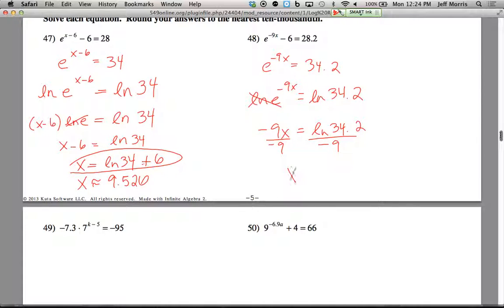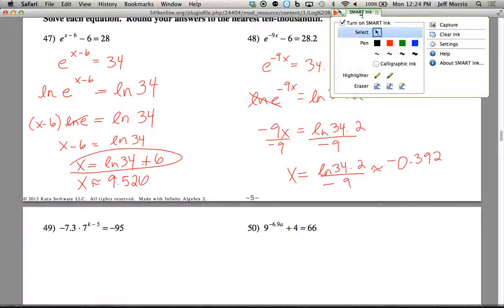And we're going to get x is equal to ln of 34.2 divided by negative 9. And then approximately, what would that be? Negative 0.392, and it doesn't matter if you round up or down, okay? That good? Is this helping?